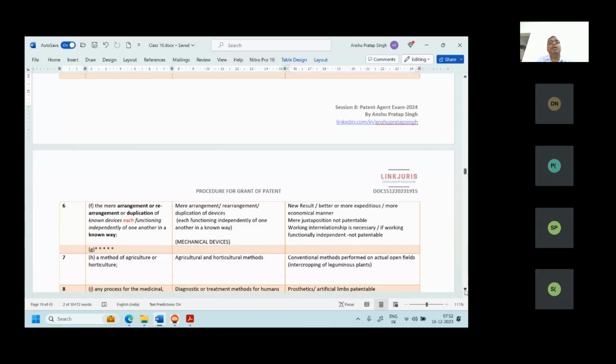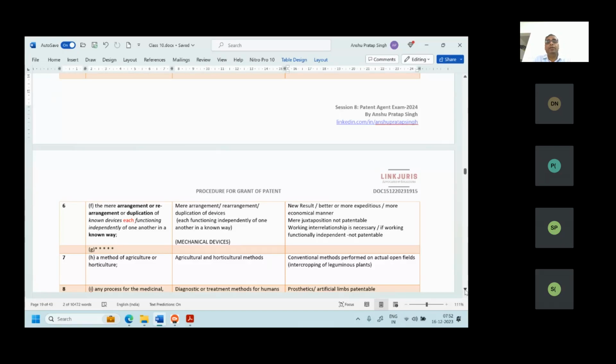This is mere arrangement, rearrangement, or duplication of known devices. You have only arranged that this is a pen and this is a rubber which will help you in erasing, and it will help in writing. This arrangement will not result in a patentable invention.